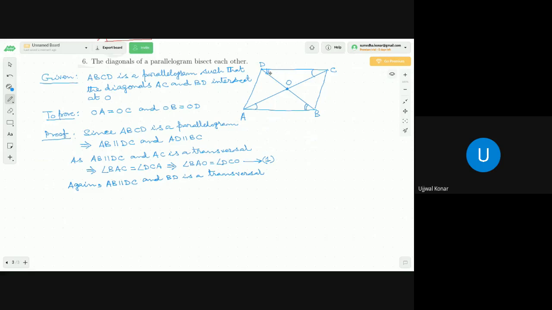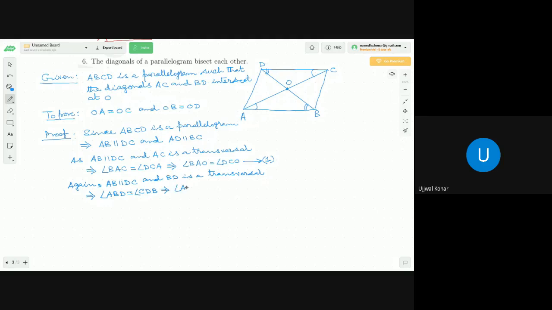Angle ABD is this one, is equal to angle CDB, and that eventually says that angle ABO is equal to angle CDO.